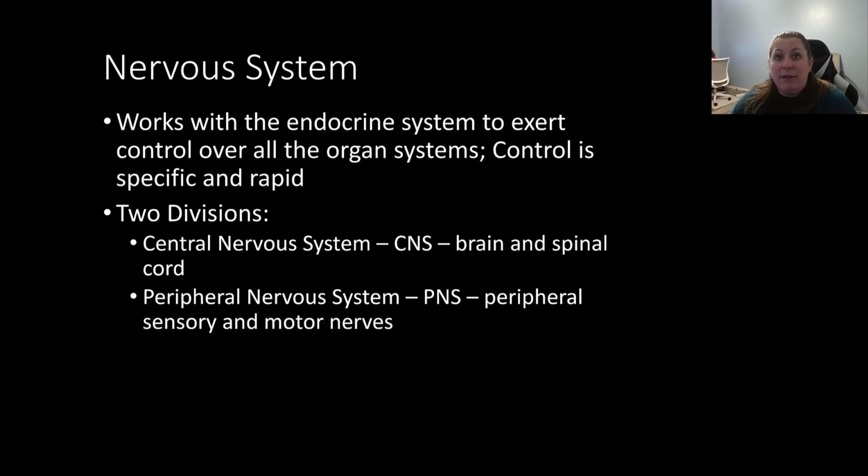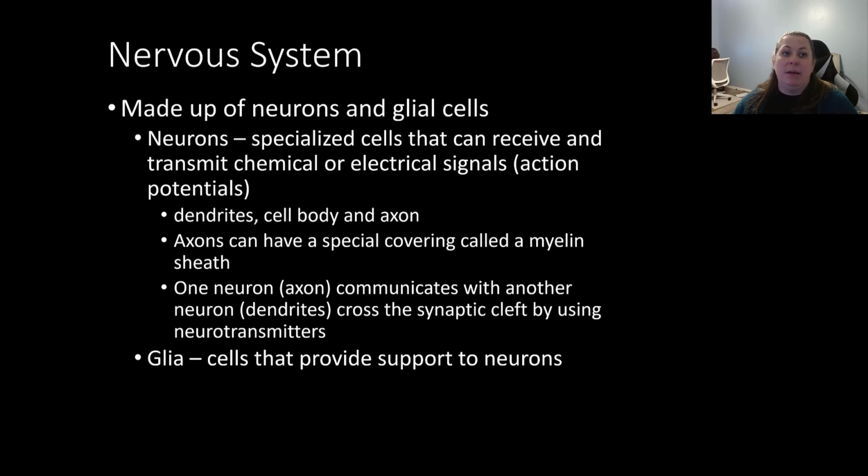On the other hand, you have your peripheral nervous system, PNS, which is going to be your peripheral sensory and motor nerves. So they're off to the side. They're the parts that leave the spinal cord, that go down into your arms, your legs, other parts of your body. Now, your nervous system is made up of neurons. Neurons are the functional cells, the specialized cells that are going to receive information and transmit information.